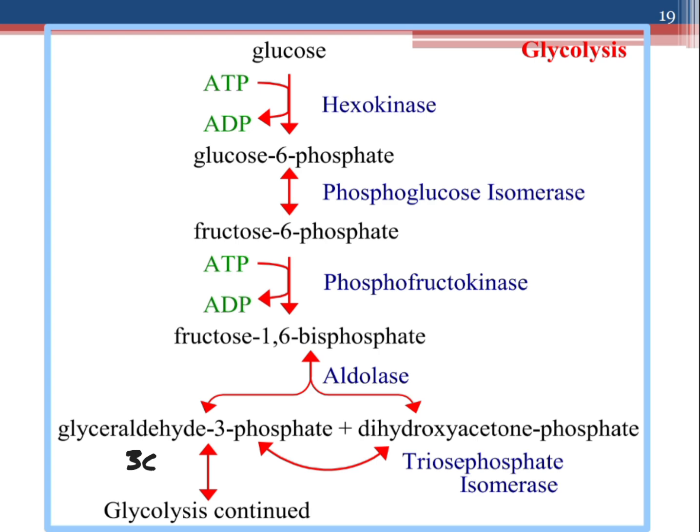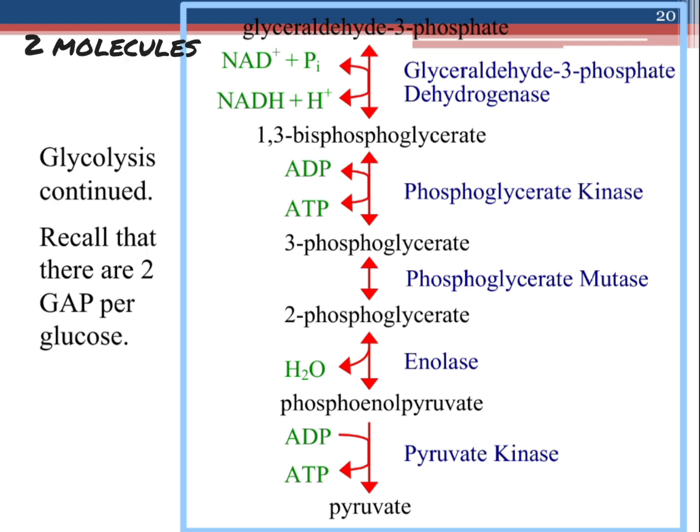It is glyceraldehyde 3-phosphate that continues in the process of glycolysis. So that means we end up with two molecules of glyceraldehyde 3-phosphate that are going to continue in the reaction.